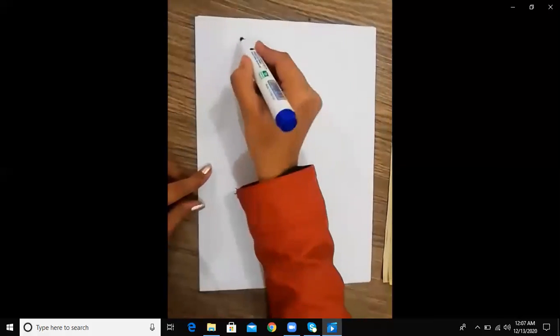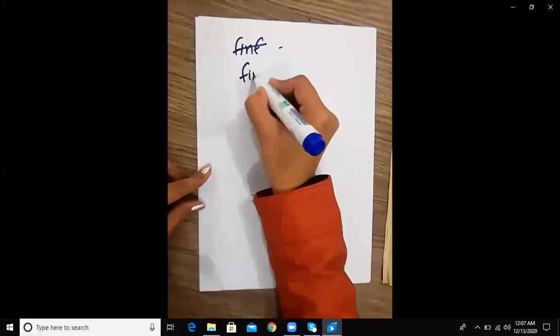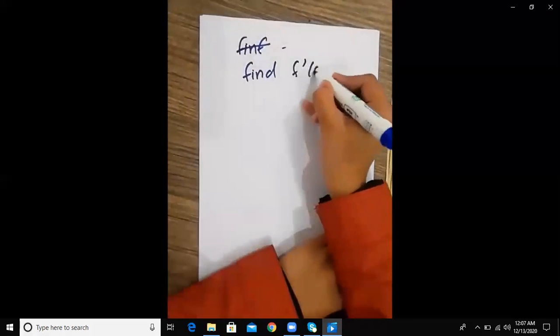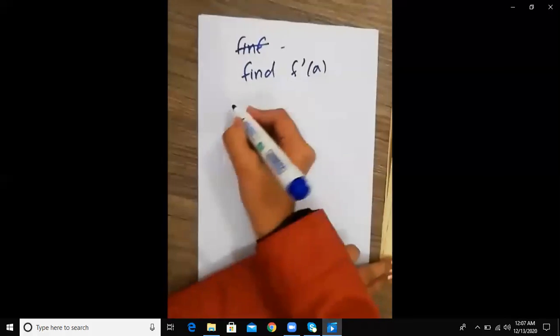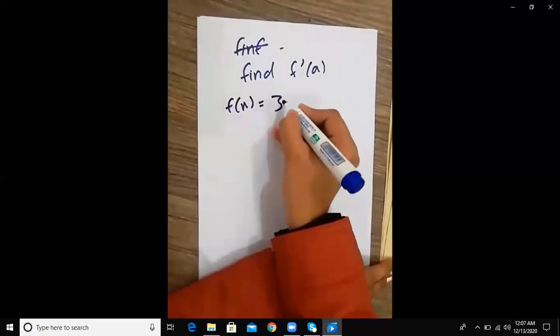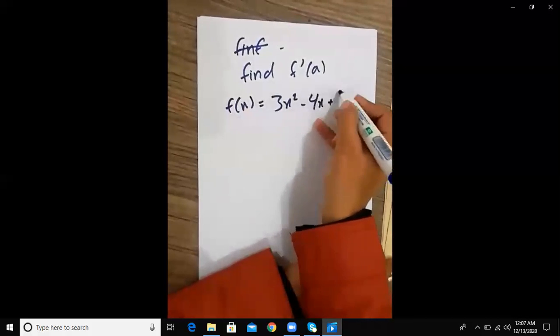Now we will do some questions. So the question here is to find the derivative of a function, f prime of A, the derivative of the function at point A, where f of x is given, f of x is equal to 3x square minus 4x plus 1.